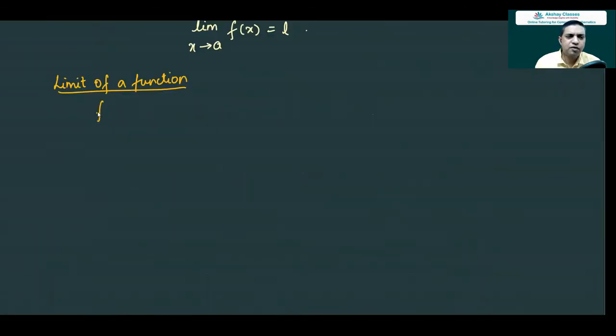So if a function is continuous and say f of a is equal to L, then in general, limit as x tends to a, f of x will be equal to L. All right, example.